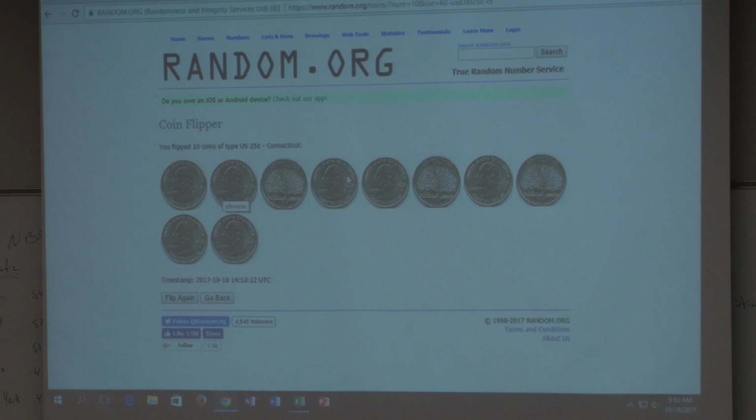One, two, three, four, five, six, seven. So I got 7 heads, three tails. Here's backwards: 3 heads, 7 tails.